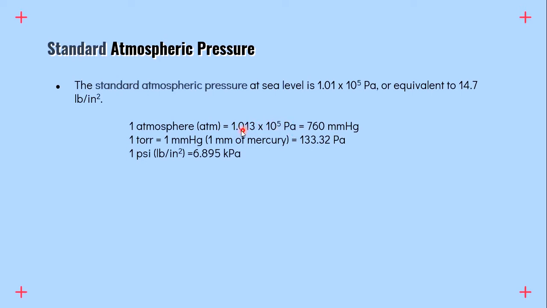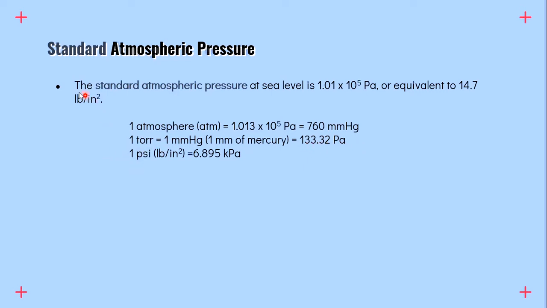This value is also equal to 1 atmosphere, which is 1.013 times 10 raised to 5 pascals, or as I said, 101.325 kilopascals, which is also equal to 760 millimeters of mercury. We will discuss this 760 mmHg later on. 1 Torr, or 1 millimeter of mercury on the barometer, 1 mmHg, is equal to 133.32 pascals.